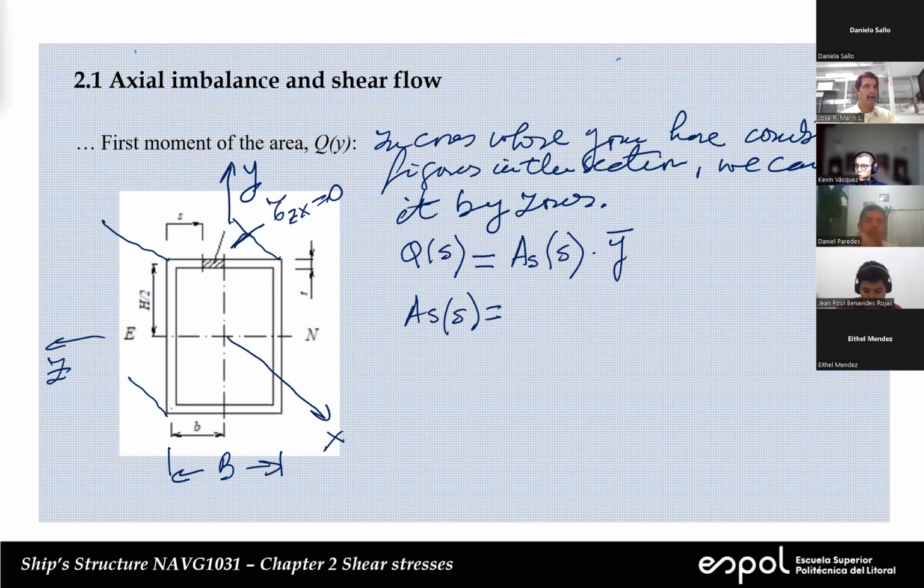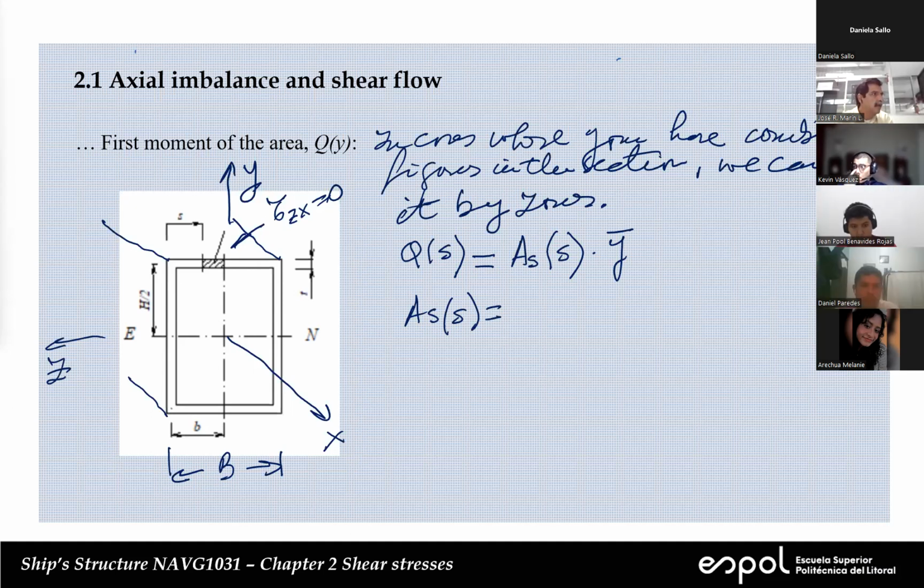Large B times T. So it's going to be B, little b minus S. Exactly. Little b minus S. So this is going to be the distance from here to here. And then we'll multiply by the thickness.